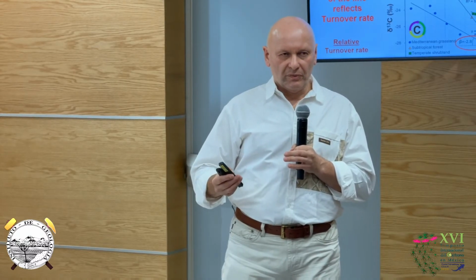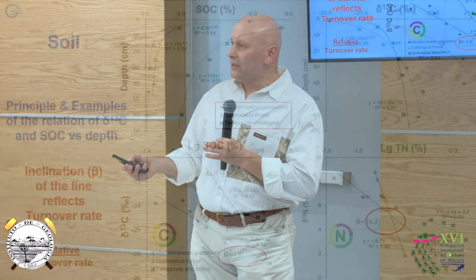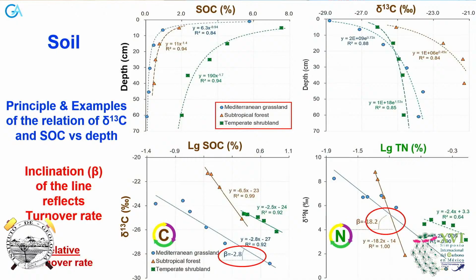And surely, if you have changes of the vegetation photosynthesis type, you cannot use this method. Then you use it just to interpret changes of vegetation. So it means this is always what I presented if there are no vegetation changes.